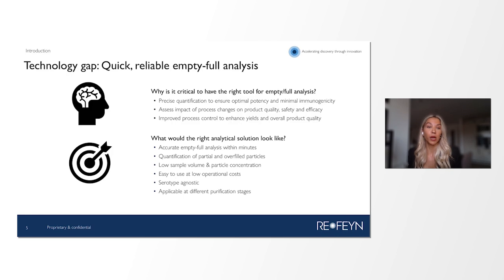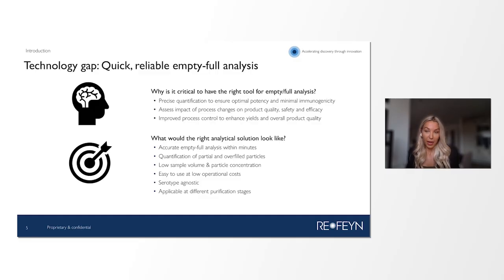The right analytical tool will also provide us with the right information around process changes or process optimization, and how the product quality changes over time and how that could potentially influence safety and efficacy. Having the right analytical tool also supports improved process controls from the development stage up to manufacturing. So what does the ideal analytical solution look like?